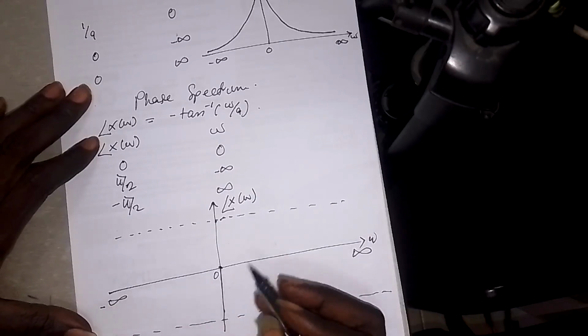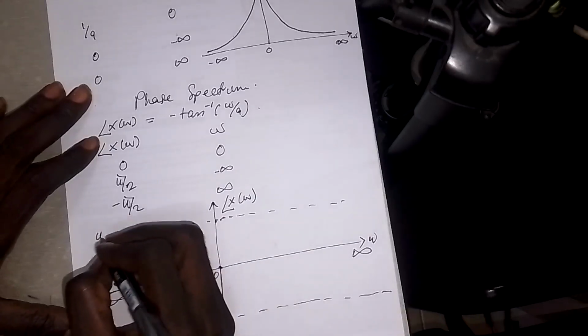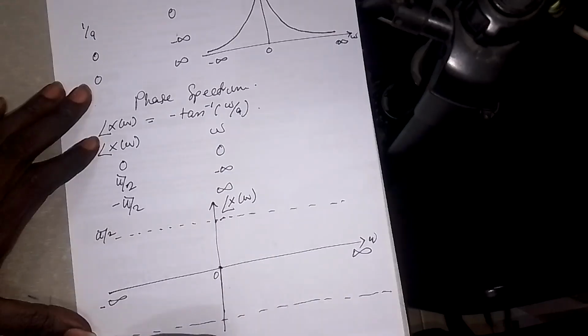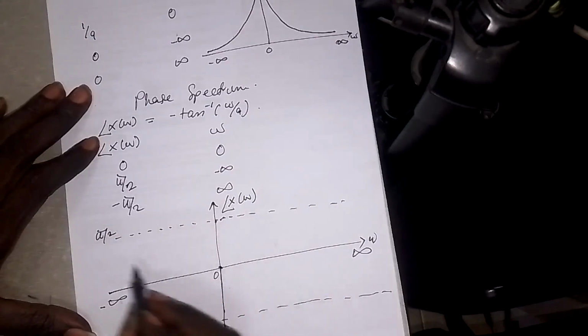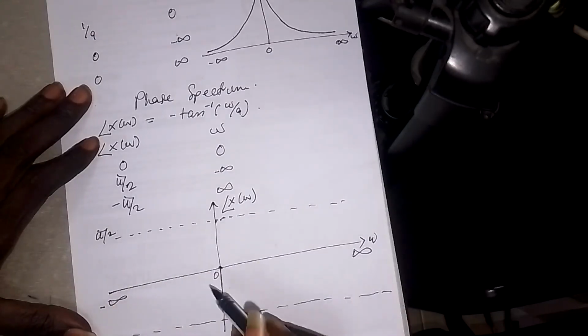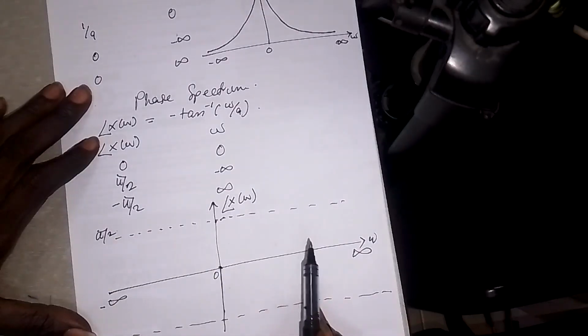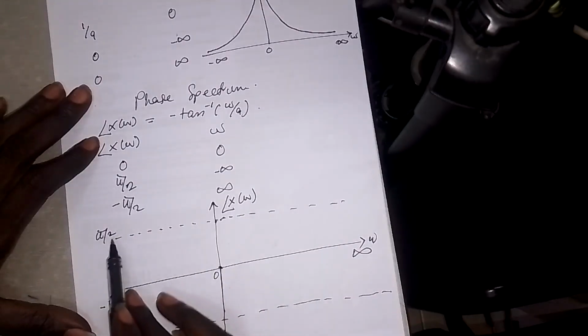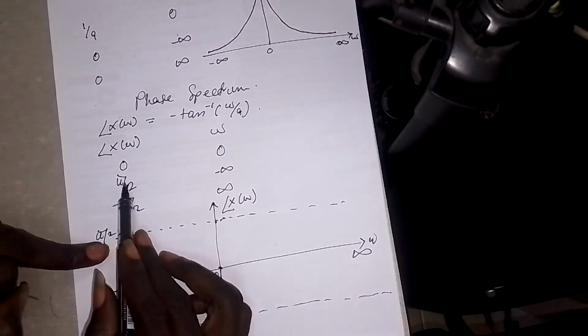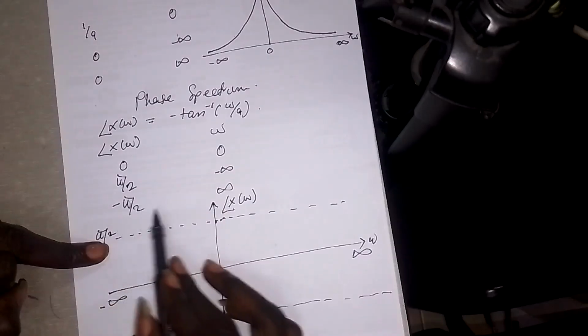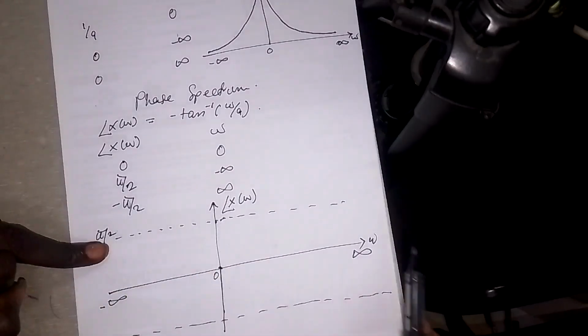Here is minus infinity. Here is pi on 2, and here is minus pi on 2. So pi on 2 and minus infinity means the curve will come from somewhere here, and minus pi on 2 and positive infinity will be somewhere here.